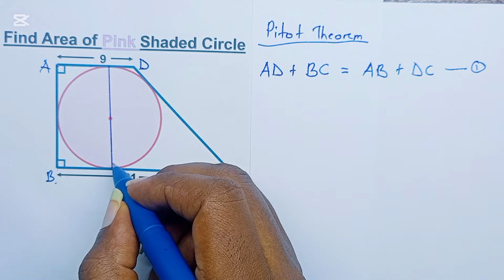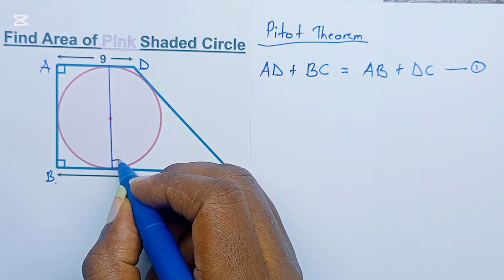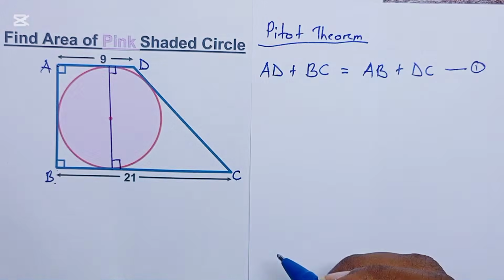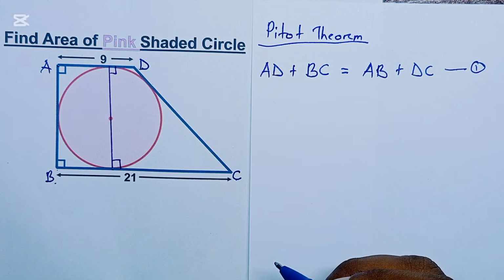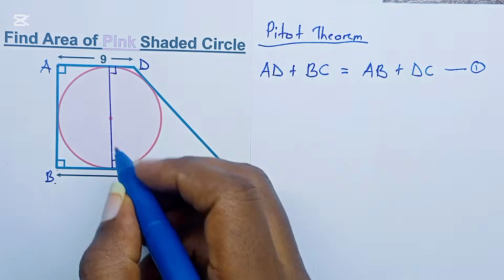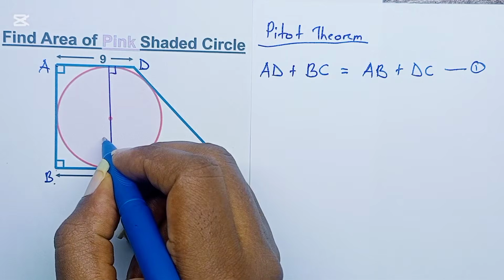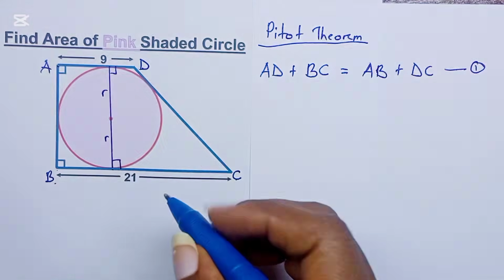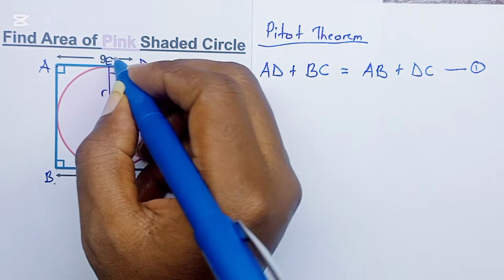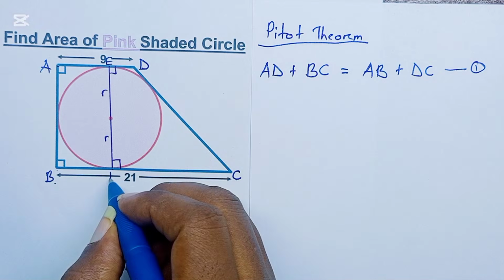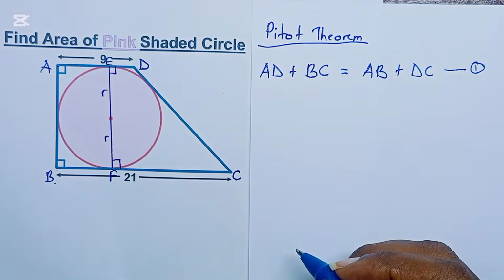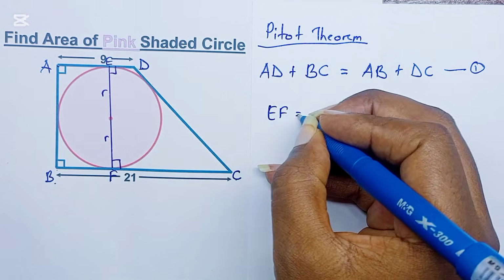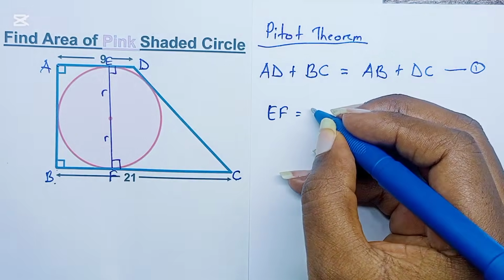Therefore, from the tangent to circle theorem, this is 90 degrees. This is also 90 degrees. Now let's say the radius of the circle is r. So from here to here is r, and also from here to here is r. Let me call this point E and this point F. So EF is r plus r, which is 2r.